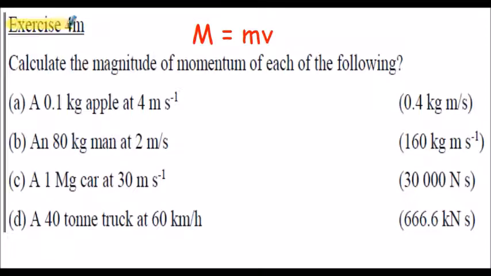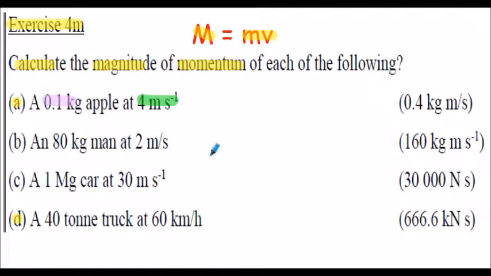Exercise 4M, we're asked to calculate the magnitude of momentum for each of the following questions, A through to D. They're all based on using the equation momentum is equal to mass multiplied by velocity. Just be careful in some of the questions. The mass is in kilograms and the velocity is in meters per second. The same with the second question.